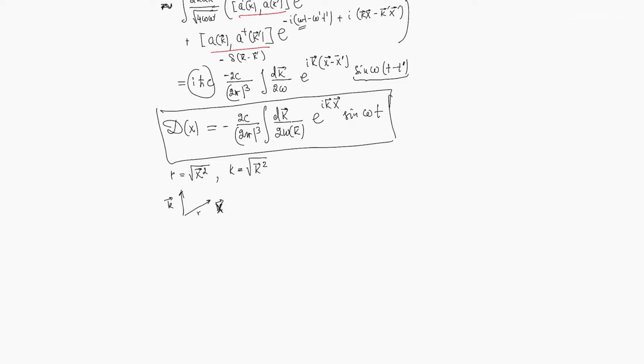And I will introduce angle theta. So this is a spherical coordinate system. This is the standard angle phi, theta, and r. And therefore, what you will get here for D on x in spherical coordinates, you can write in the following way: minus 2c over 2 pi cubed, integral from 0 to infinity.